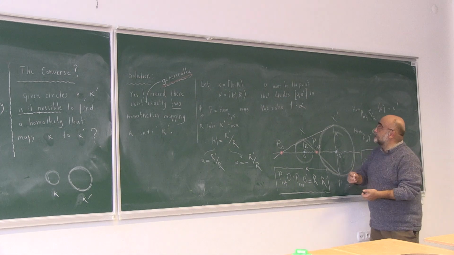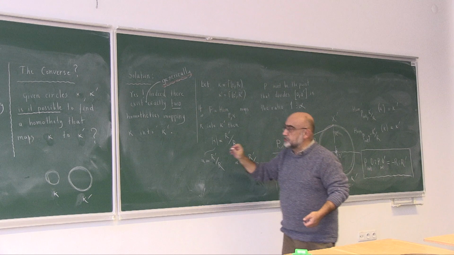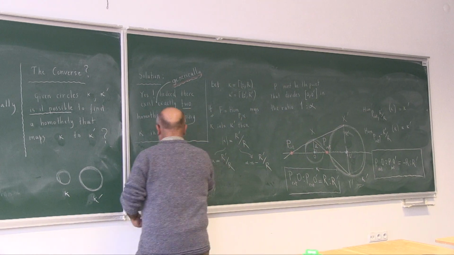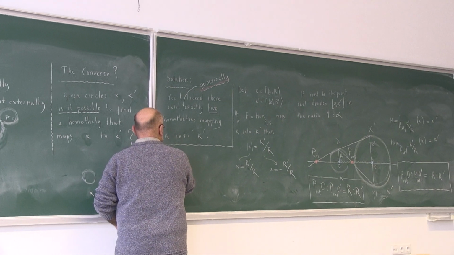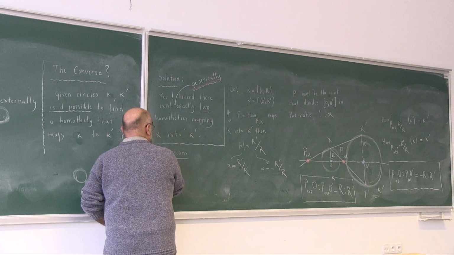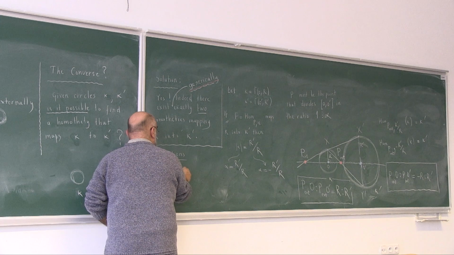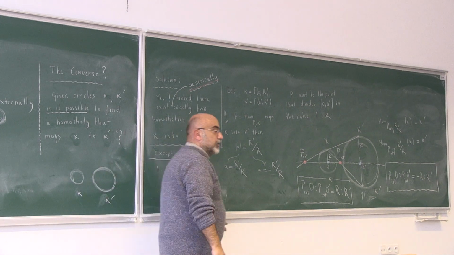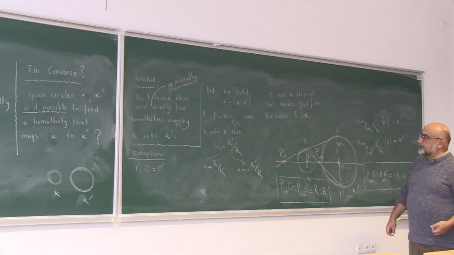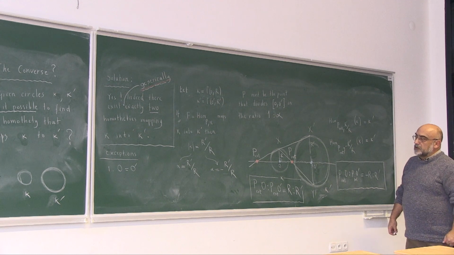So, exceptional situation. Let me write it here. So, exceptional cases, exceptions. Well, the first one is when the two circles are concentric, O and O'. Well, in that case, there isn't really much to do.